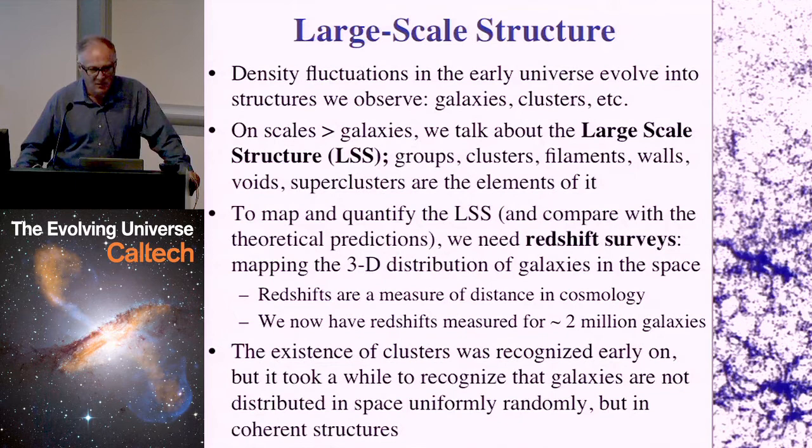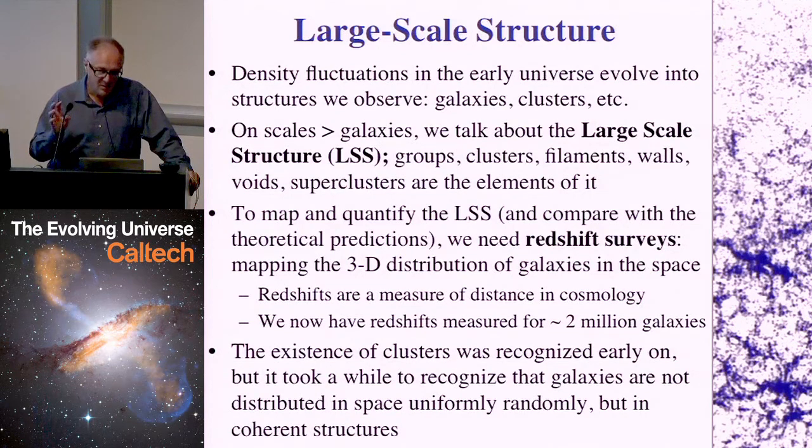But the point is that if you can measure the velocity, that can be translated into the radial distance to the galaxy. And with the two coordinates on the sky, you know where it is. So in order to map three-dimensional structure in the universe, you need to measure distances. Large surveys that measure up to a couple million redshifts have been done by now, and we have a fairly good understanding of the morphology of large-scale structure.